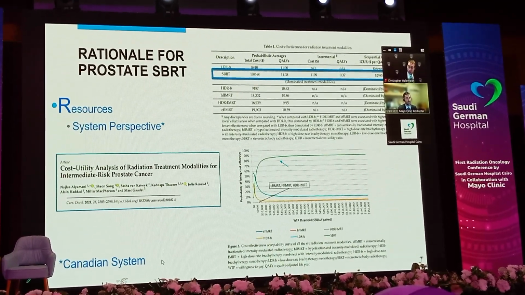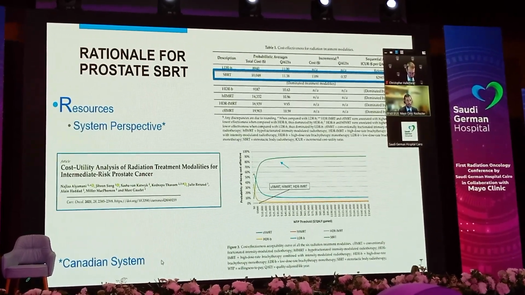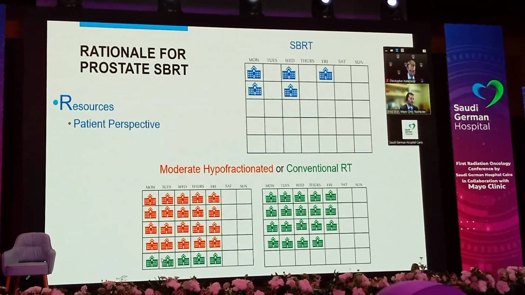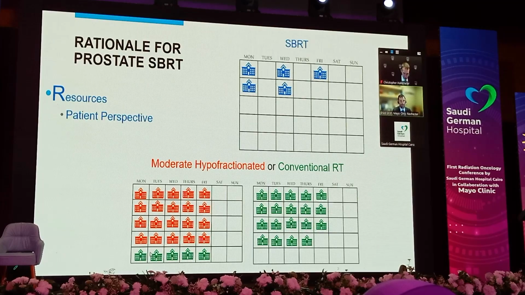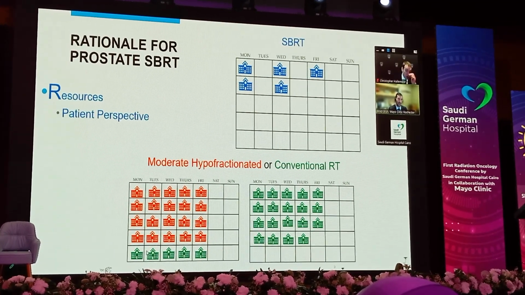So at least in the Canadian system, this was determined to be the most cost-effective strategy when we're thinking about that. Obviously, for resources, the patients and the clinical staff will simply notice that this is just fewer visits for the patient to the clinic. So most SBRT regimens are 5 treatments.